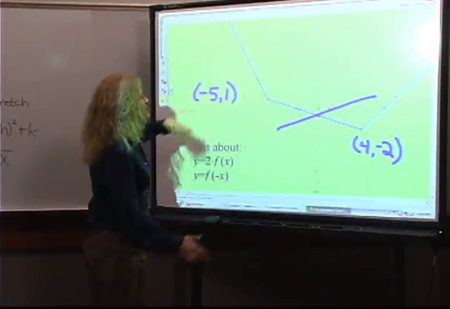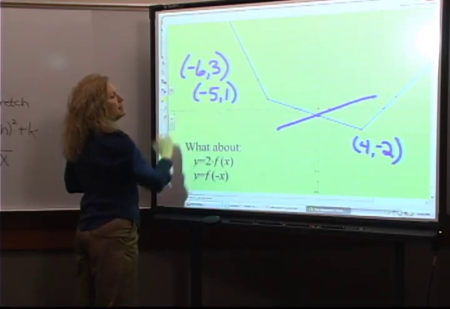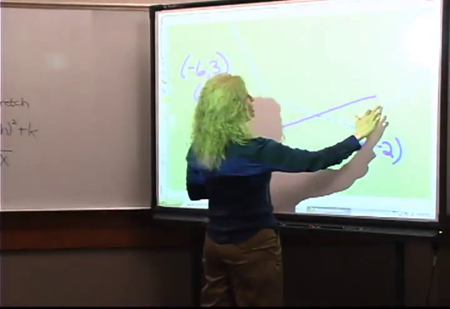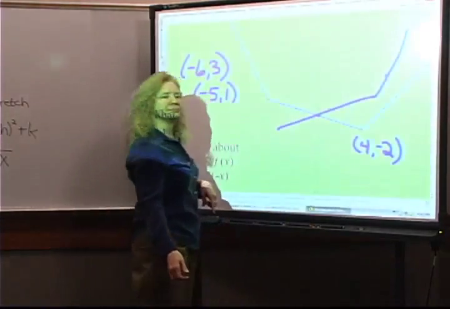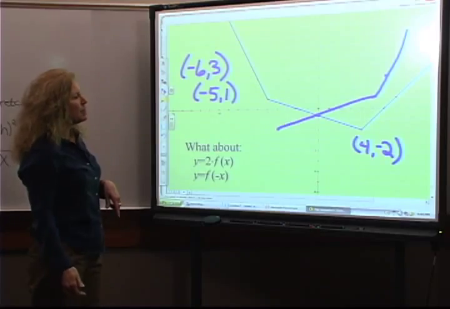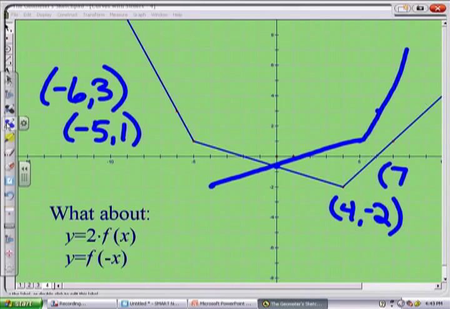Now this point is sitting at -6, 3, so he's going to go to +6, 3. And really, I can just move this one more point. This point is sitting at 7, 1. So he's 7 right, up 1. So I'm going to go 7 to the left.